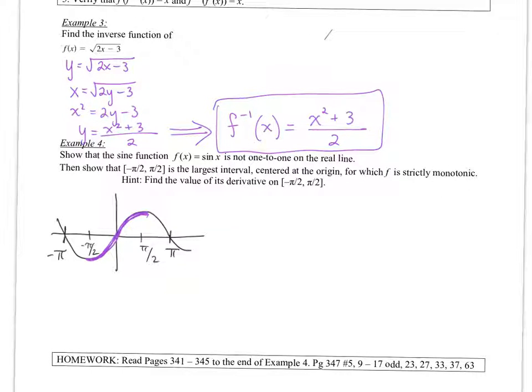Okay? So there's a lot of different ways of saying this. You could say f of x is not 1-to-1 because many different x values yield the same y value.